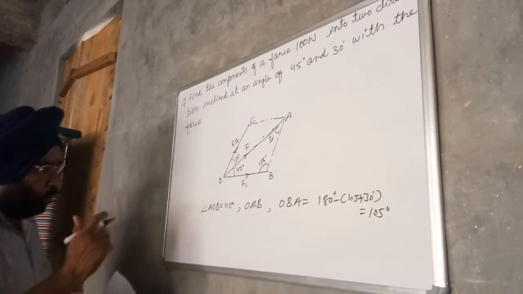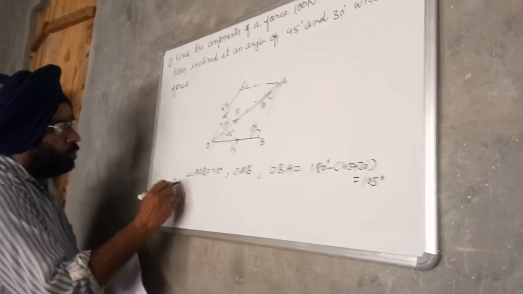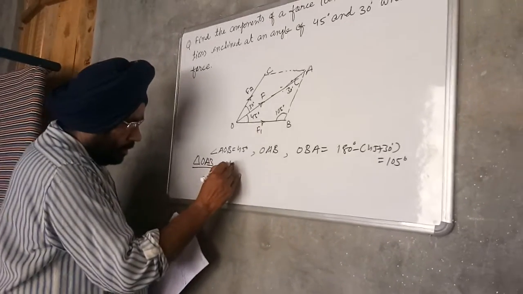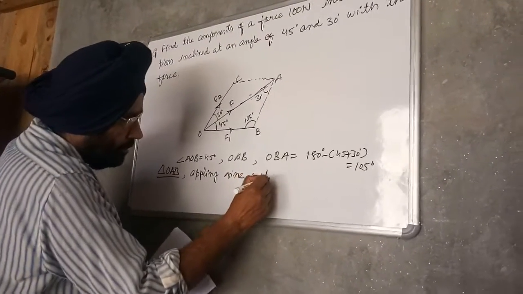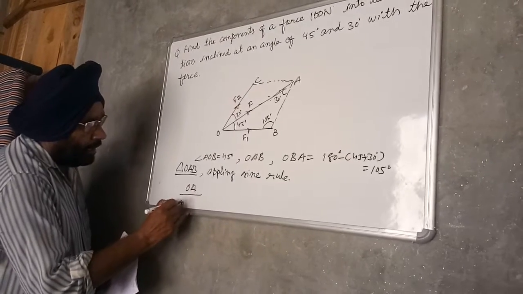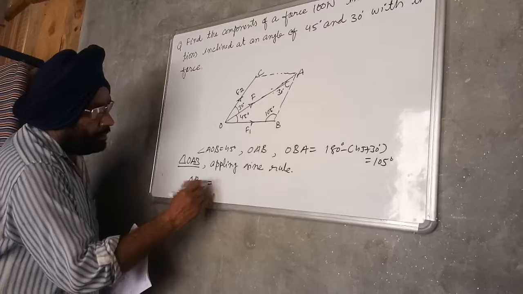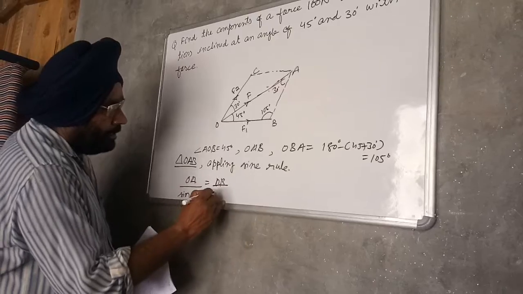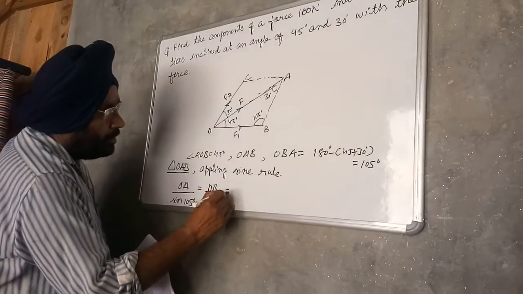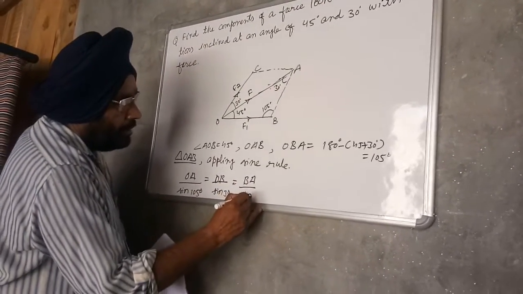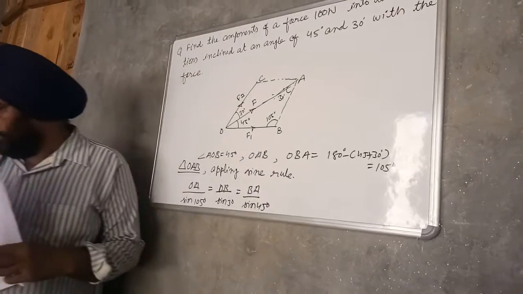Now in the triangle OAB, apply the sine rule. OA upon sine 105 degree is equal to OB upon sine 30 degree is equal to BA upon sine 45 degree.